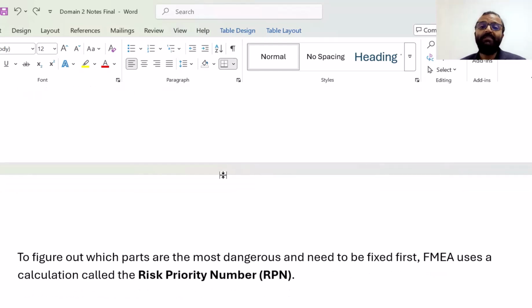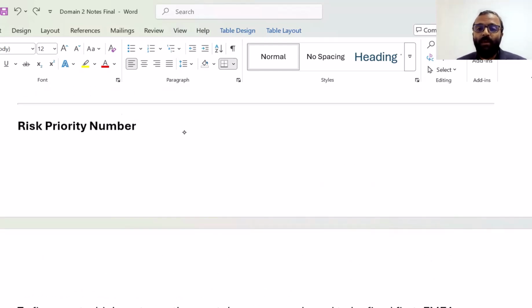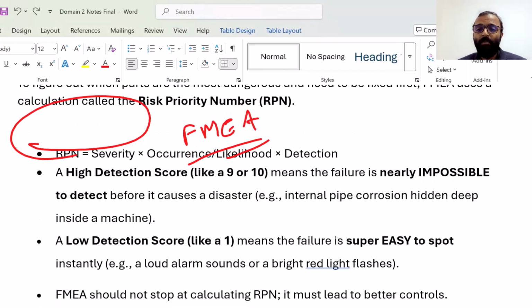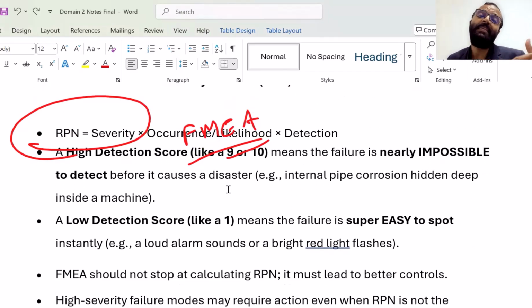Then the risk priority number in FMEA. What is this risk priority number? It is a number which helps you understand whether the risk is easier to detect or actually impossible to detect.